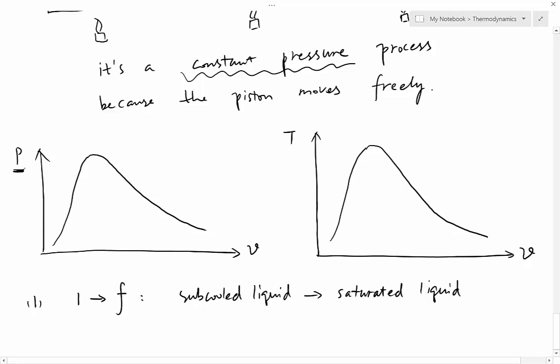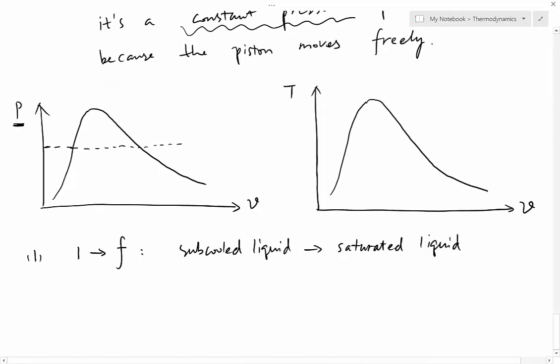It is pressure, meaning the y coordinate for this process doesn't change, because pressure has to remain constant. If the y coordinate doesn't change, it must be a straight horizontal line.